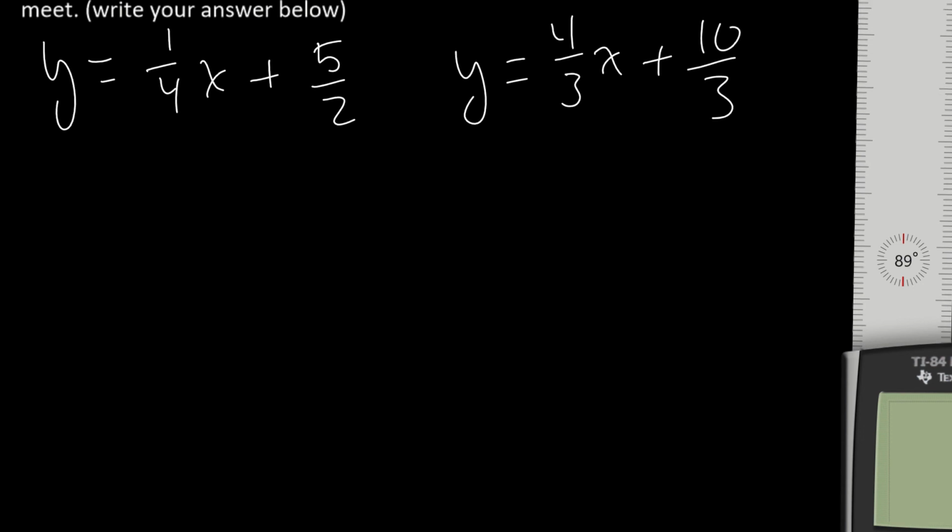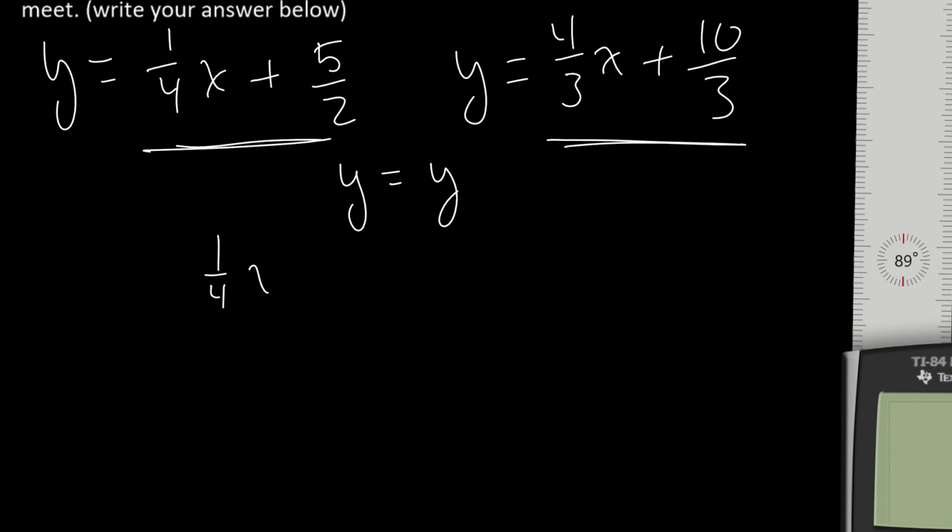This is clearly one of the best setups for the equal values method of solving a system. Within the context of this problem, y is equal to itself, and I've got two ways to express y, this way on the left and this way over here on the right. So I'm going to write the left one over here: 1/4 times x plus 5/2 is the same as 4/3 x plus 10/3. This is going to give me the value of x once I solve it, and then I've got two equations above that'll help me figure out what y is.